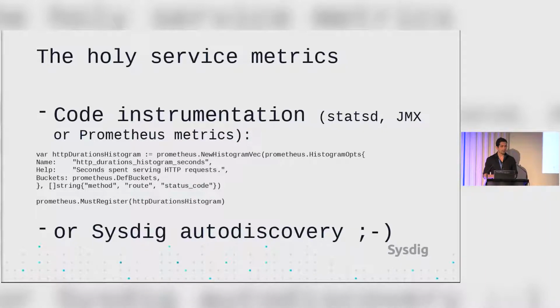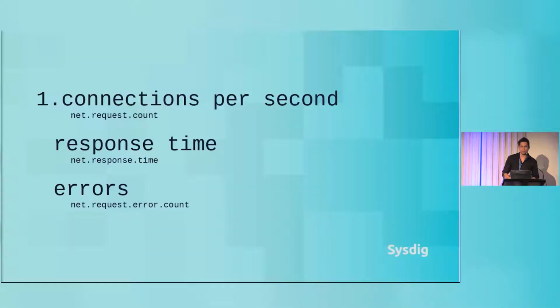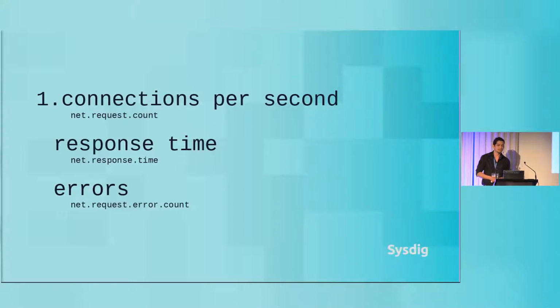Via system calls, we're able to detect all your relevant metrics and display that for you with zero instrumentation. We do that via system calls again. So in this case, the first metric we're going to be using on my list, number one, is connections per second. Net request count, net response time, and net request error count.